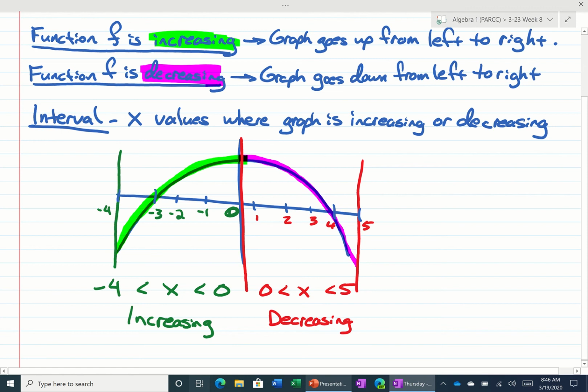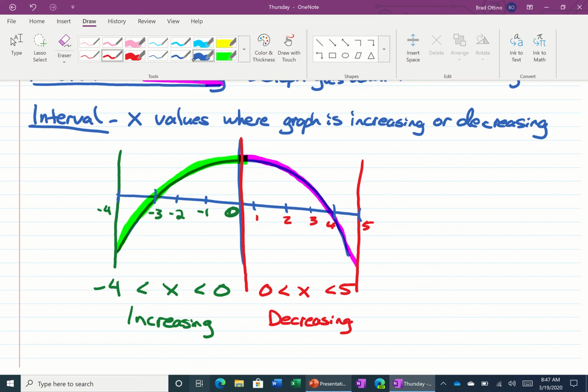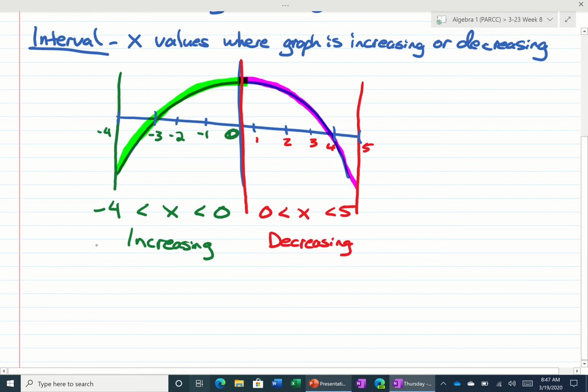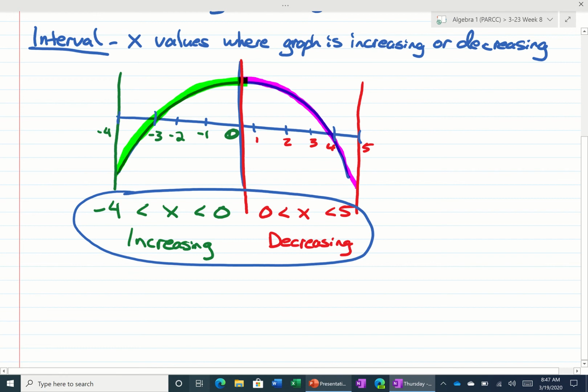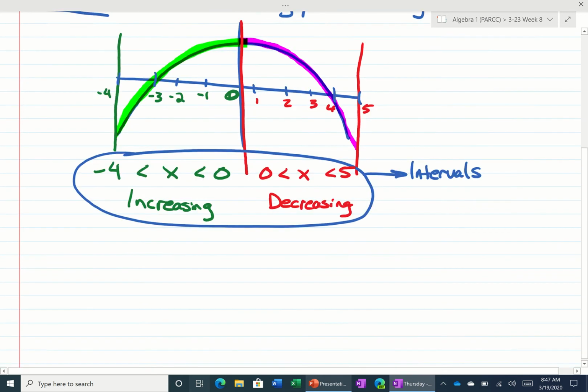That's what it means for a graph to be increasing or decreasing. And then with what I just wrote, these are called intervals. Intervals just means x values where that happens. So let's take a look at the next equation.